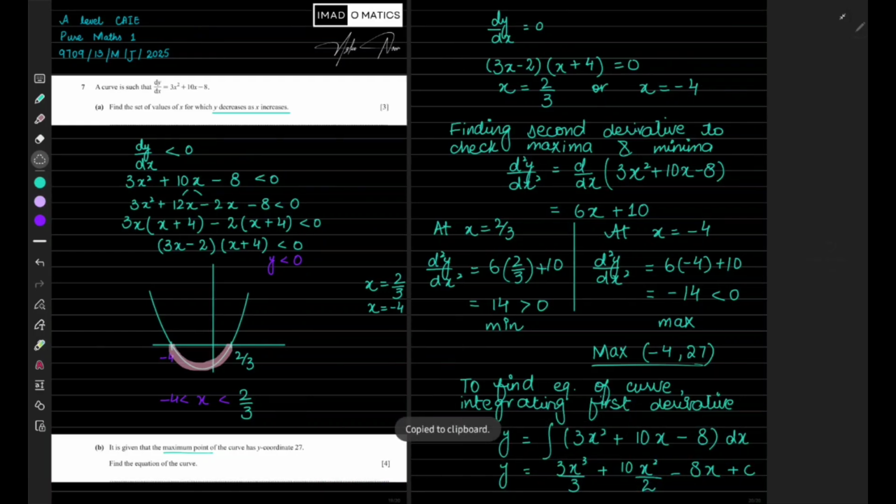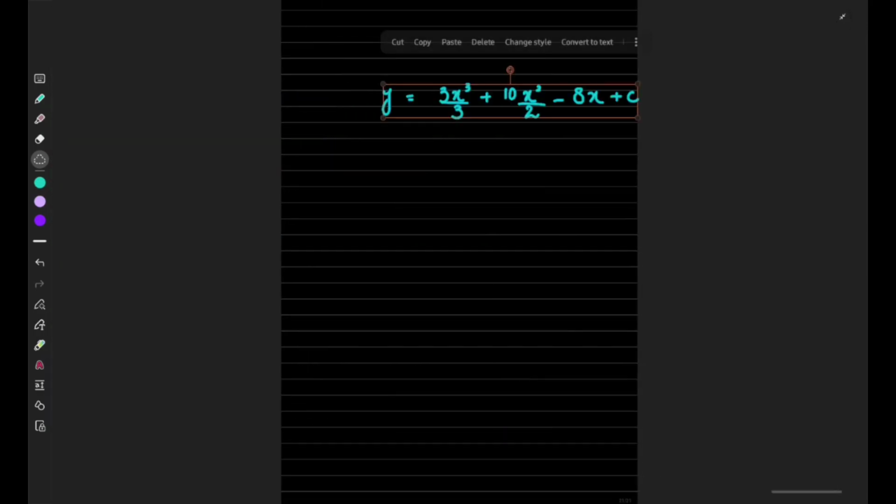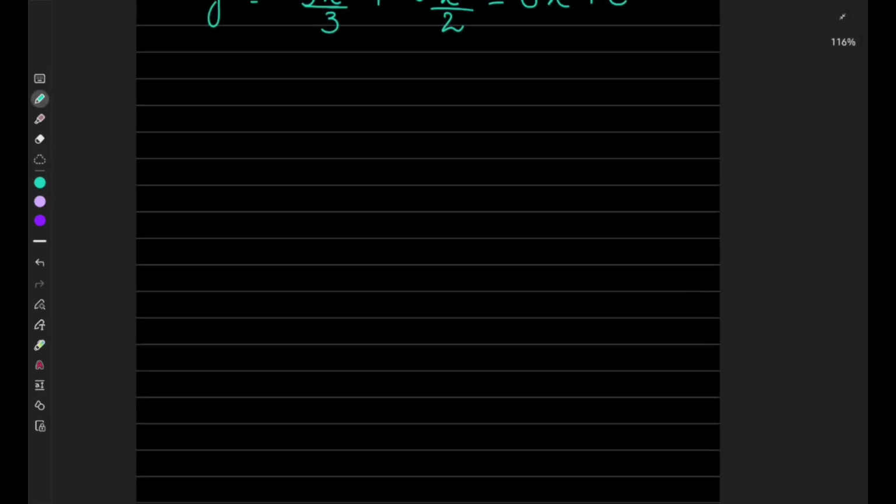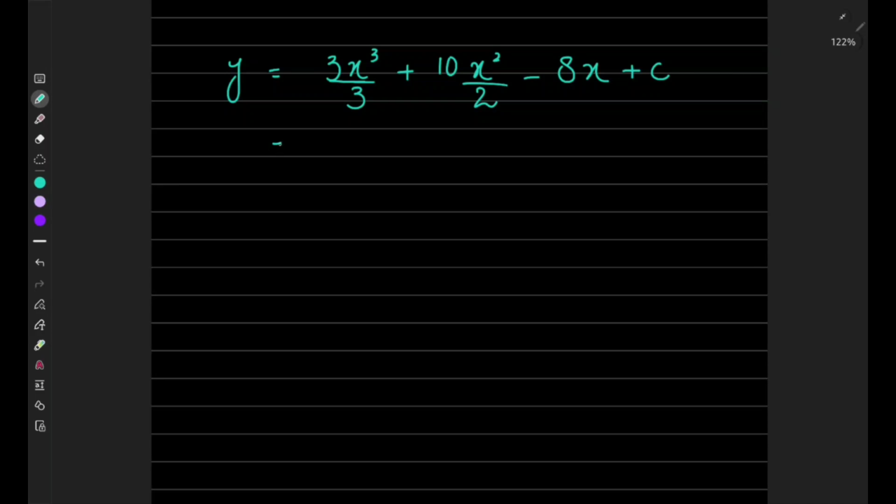Now taking it to the next page. This is your equation. Now simplifying this will give you x cubed plus 5x squared minus 8x plus c, and we know one point on the curve, and that is the maxima point, minus 4 comma 27.